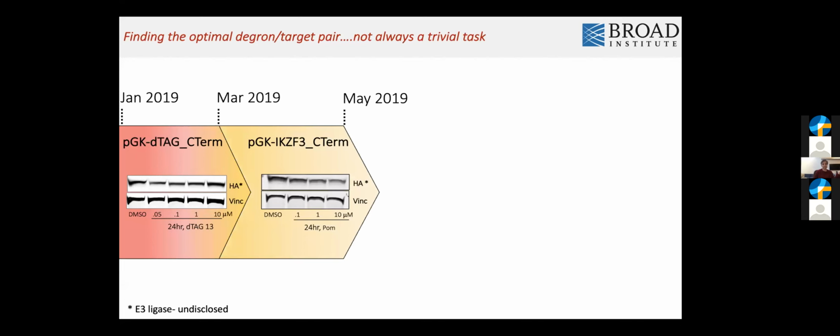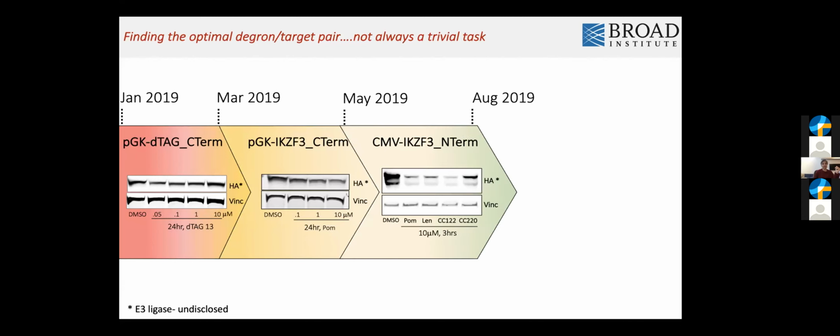We then tested the IKZF3 mini Degron, which also didn't work, and then switched termini, placing it at the N terminus. This time we observed very nice degradation, but also, unfortunately, the appearance of a second band which was not well defined.